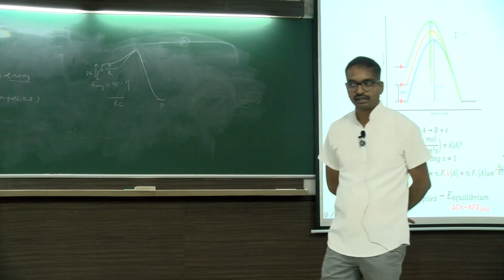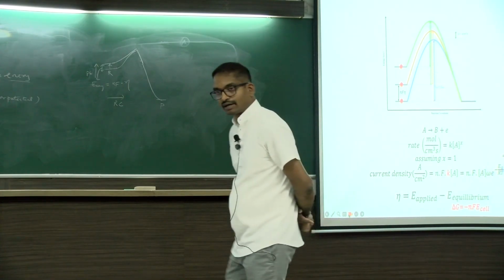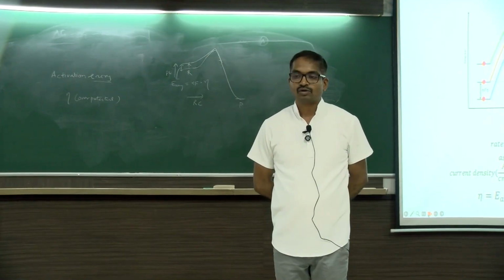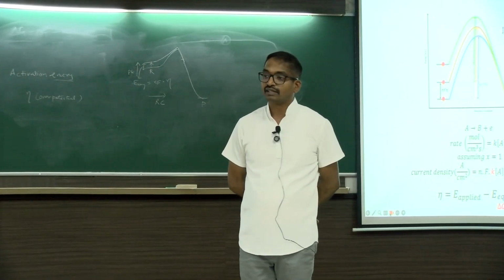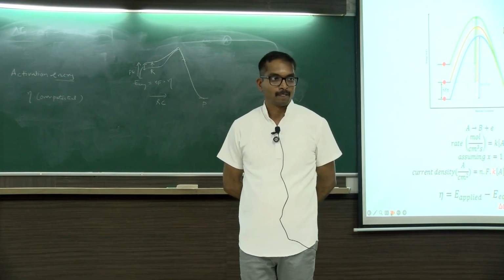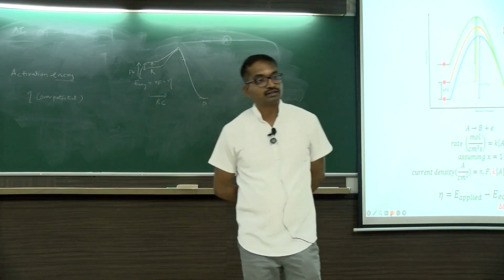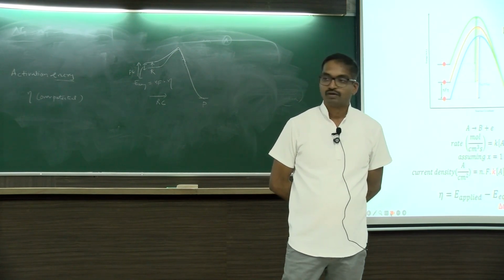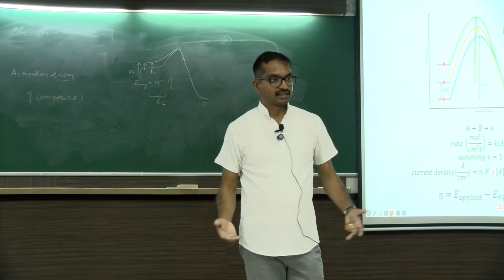Different concentrations in the solution. That means its conductivity will be different, its viscosity will be different, right? No? So, what does that conductivity and viscosity affect? It affects the rate at which ions move in the solution. So, that means the resistance for the flow of ion has been manipulated. So, that is a source of overpotential.